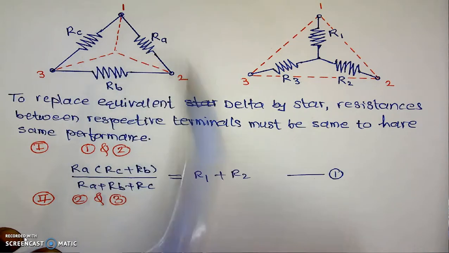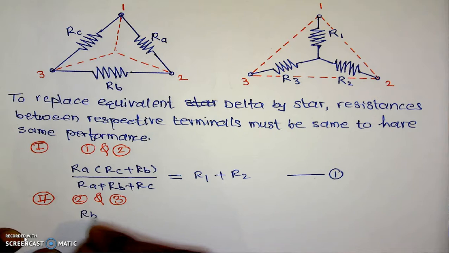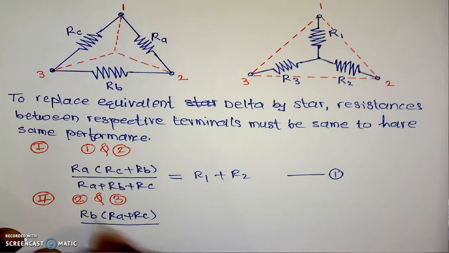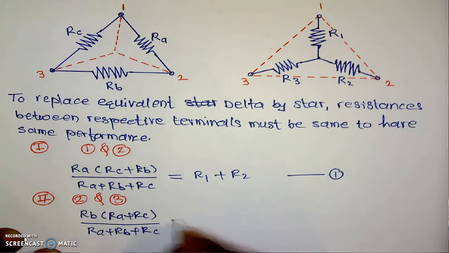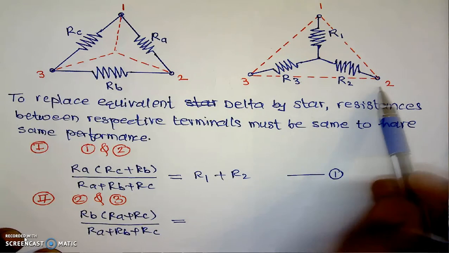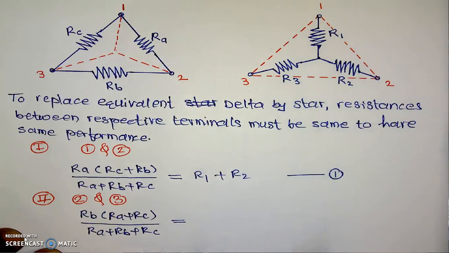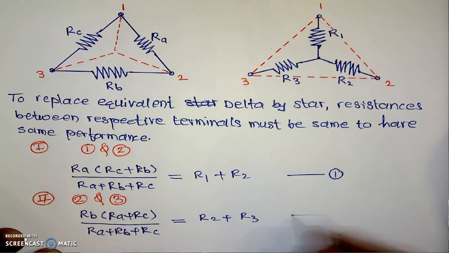That is why it will become RB into the bracket RA plus RC, divided by RA plus RB plus RC, which is equal to, for the star, between terminals 2 and 3, the resistance R2 plus R3, because R1 is not in the connection, that is an open circuit. This is equation number 2.